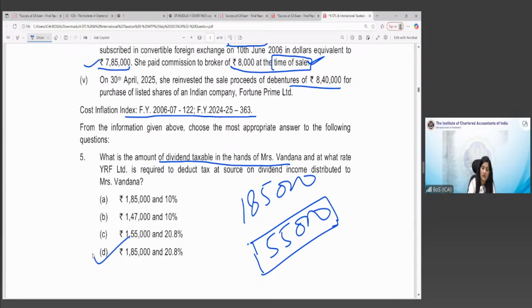Why? Because that dividend amount is taxable in her hands by virtue of section 115A. Okay? And if the income is taxable by virtue of 115A, no other deductions are allowable. And when we are talking about TDS, then in case of non-residents, TDS is deductible including surcharge and cess. Right?